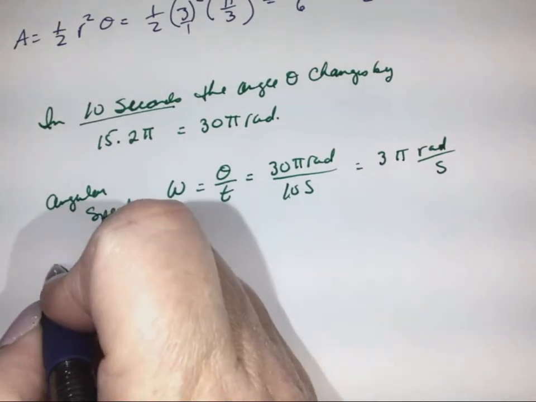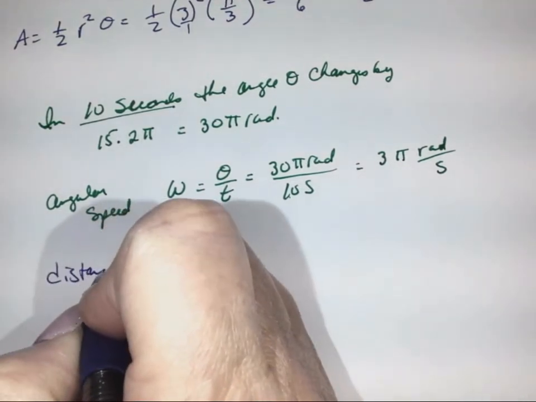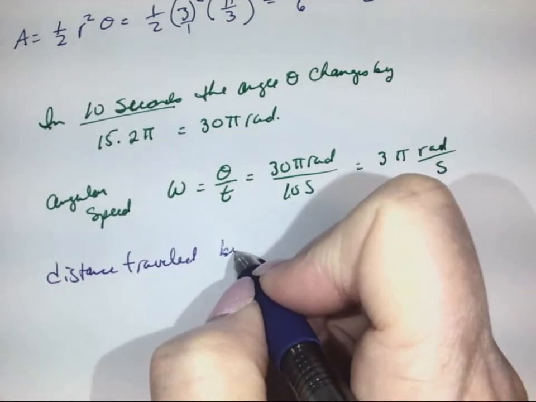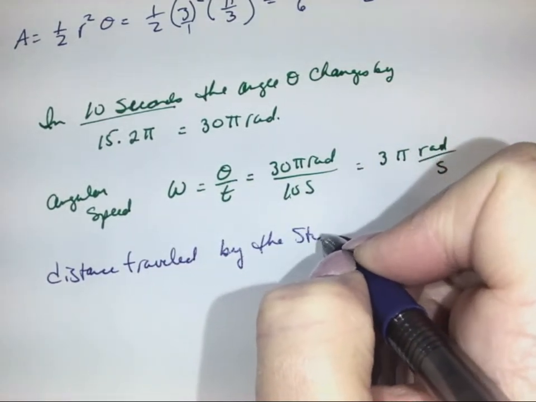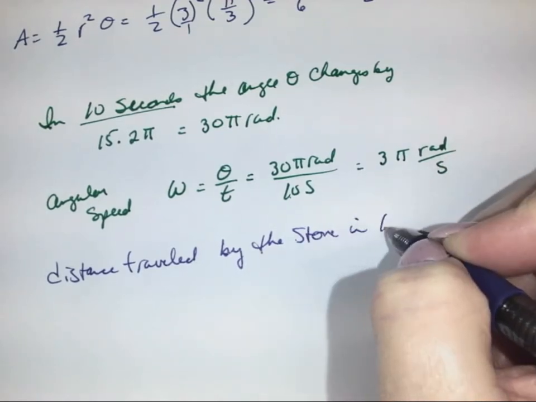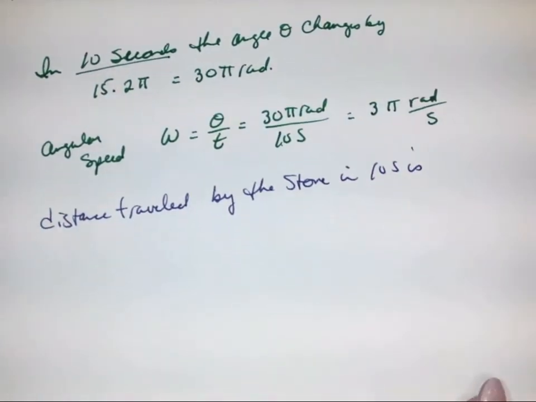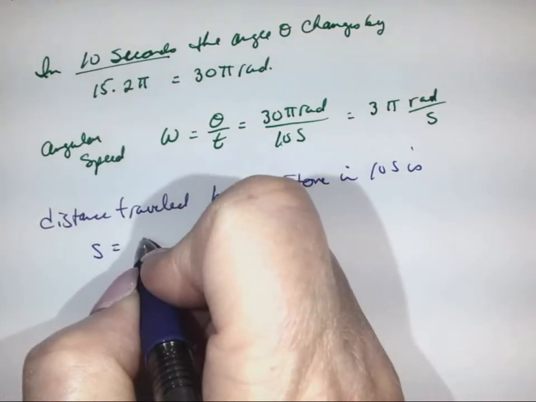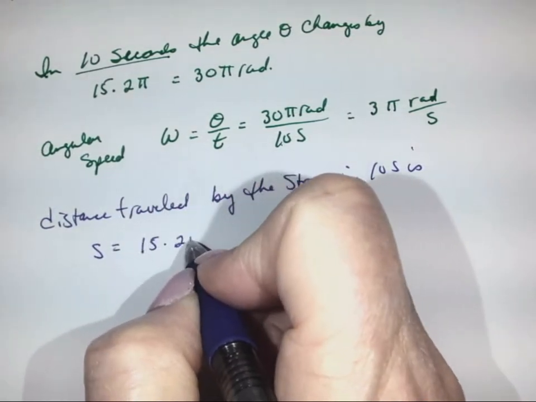Now the distance traveled by the stone in 10 seconds is going to be s equals 15 times 2 pi r.